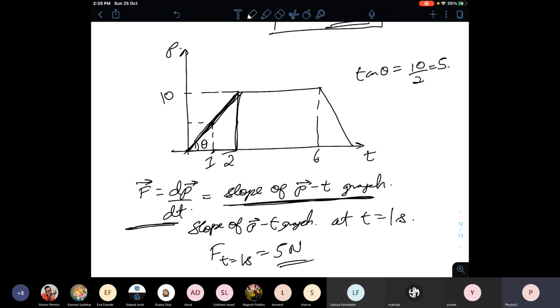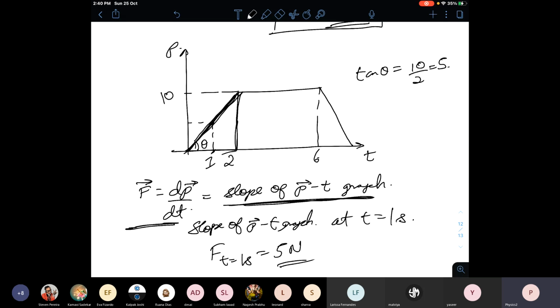So basically what the question wants us to find is the slope of the graph at t equal to 1 second. At t equal to 1 second means instantaneous, and if anything is instantaneous, it means it is a tangent. They want the slope of the tangent, so first I need to draw the tangent.